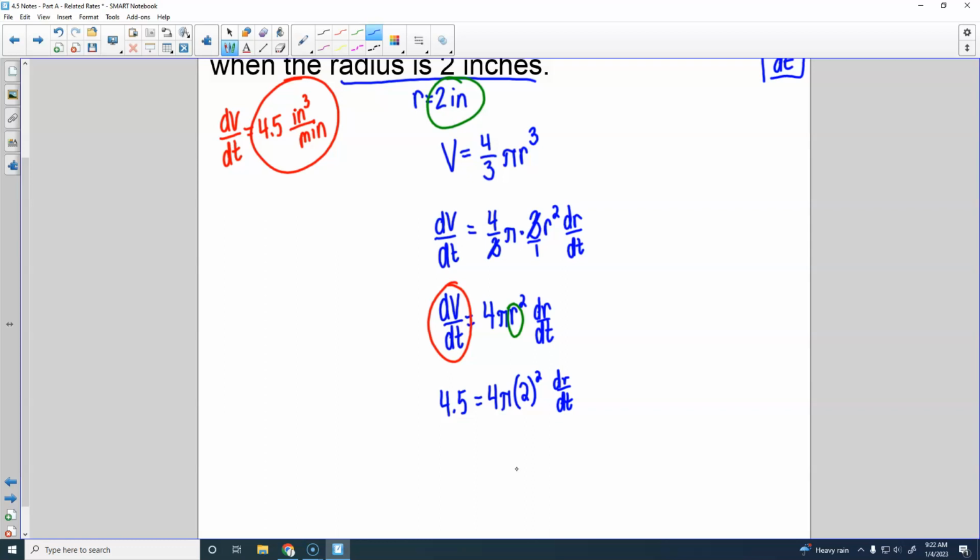Alright, so 4 pi times 4. So we got 4.5 equals 50.2655 dr/dt, and then we'll divide by that 50.2655.